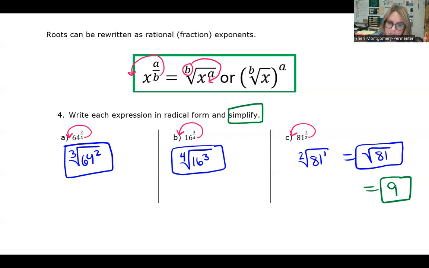For the next one, I'm going to show you a little math magic.